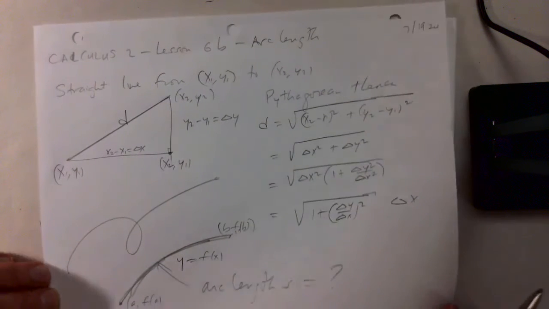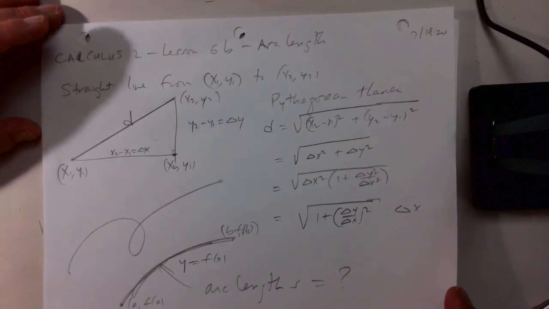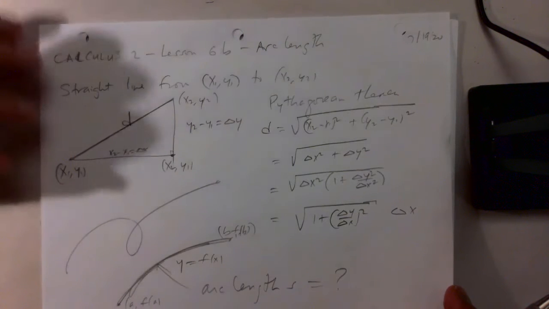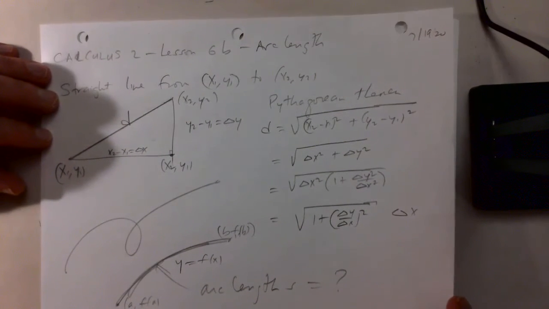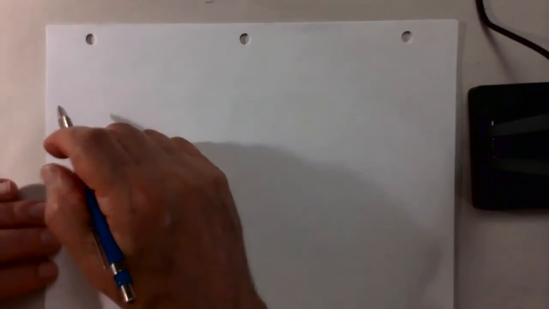So I'm going to give a rough sketch of the idea that leads to the formula. But of course, what is required that you know is the formula for the arc length and how to use it. But it's important to understand the idea.